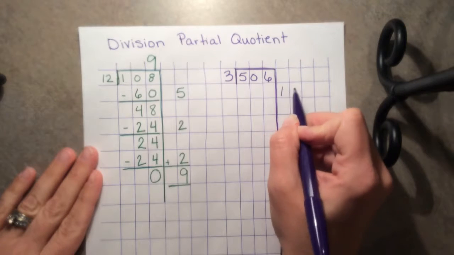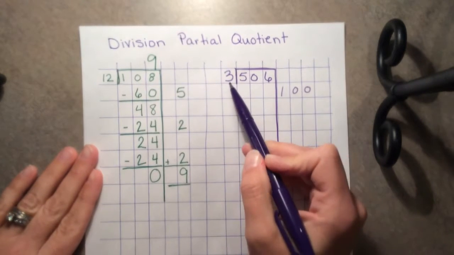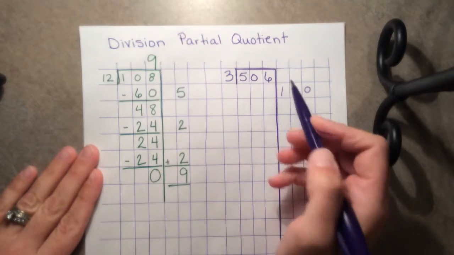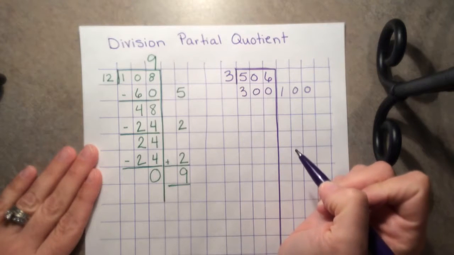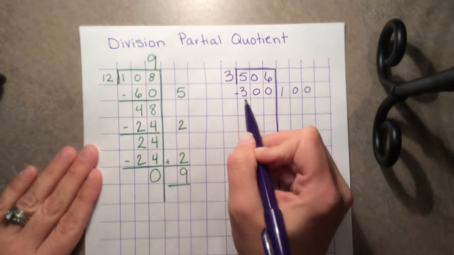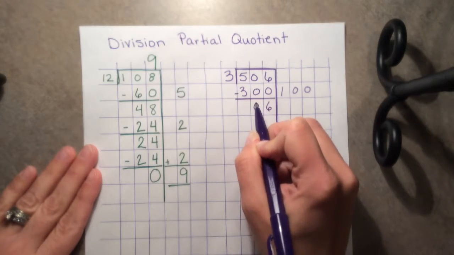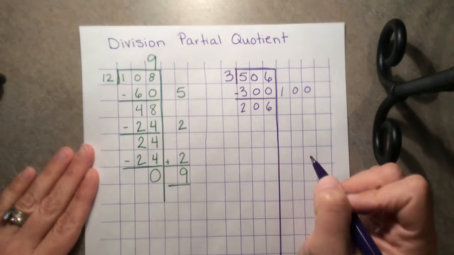I can make one group of 3, 100 times, and use up 300 objects. They then do the subtraction under the bracket and learn that they have 206 objects left to divide out.